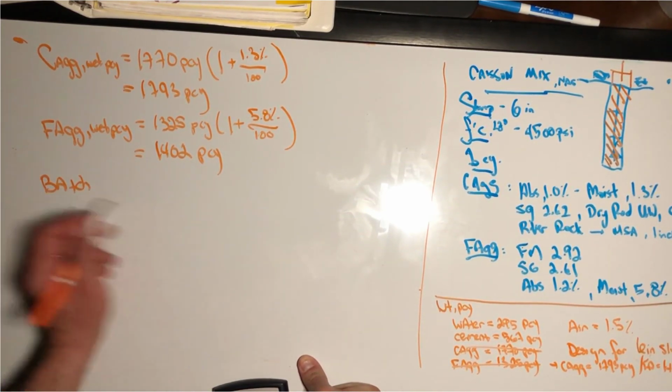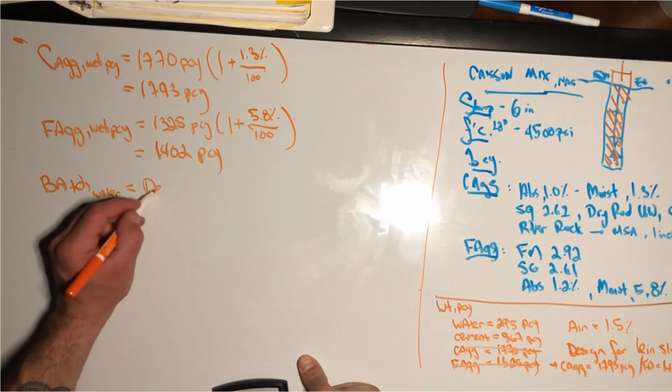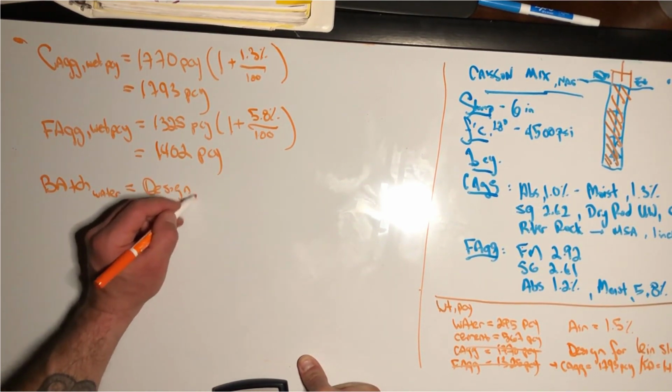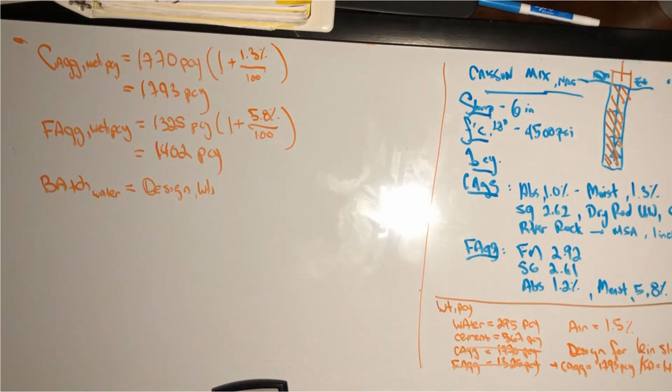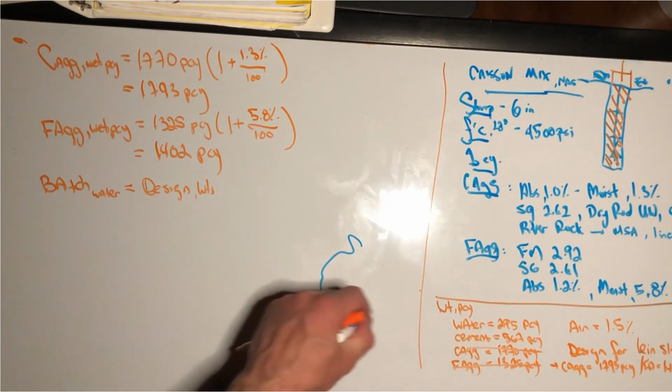So batch water is design water, which in our case was 295 pounds per cubic yard, minus the water that we get from the rock and the sand. And when we look at an aggregate, you have two types of water.